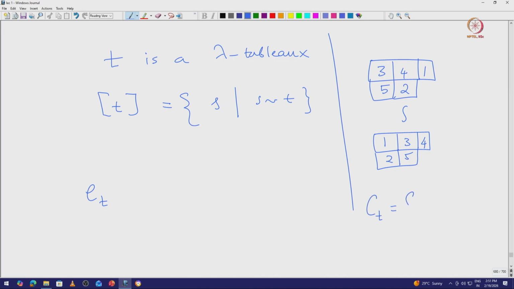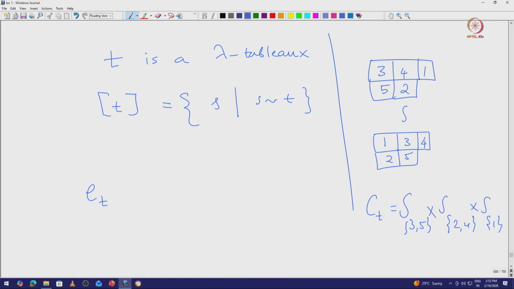It is going to be S_{1,4,3}, which is the same as S_{1,3,4}. Sorry, I am taking the column stabilizer. The columns are {3,5} and {2,4}, and then S of the singleton {1}. So this is what we are taking.